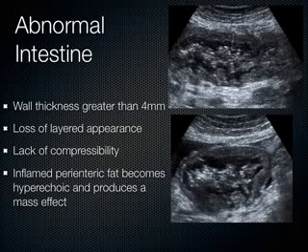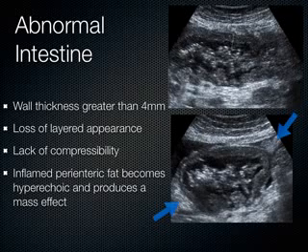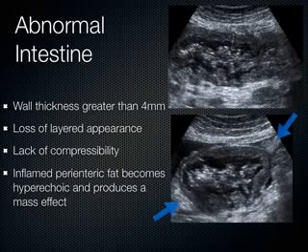We have loss of that layered appearance. It's hanging out by itself. It's no longer compressible. That's another thing. Normal intestine should be nicely compressible. And if you look around the edges of this, stuff that's inflamed always appears hyperechoic, very bright. We can see around the edges of the structure here, it has these hyperechoic areas.